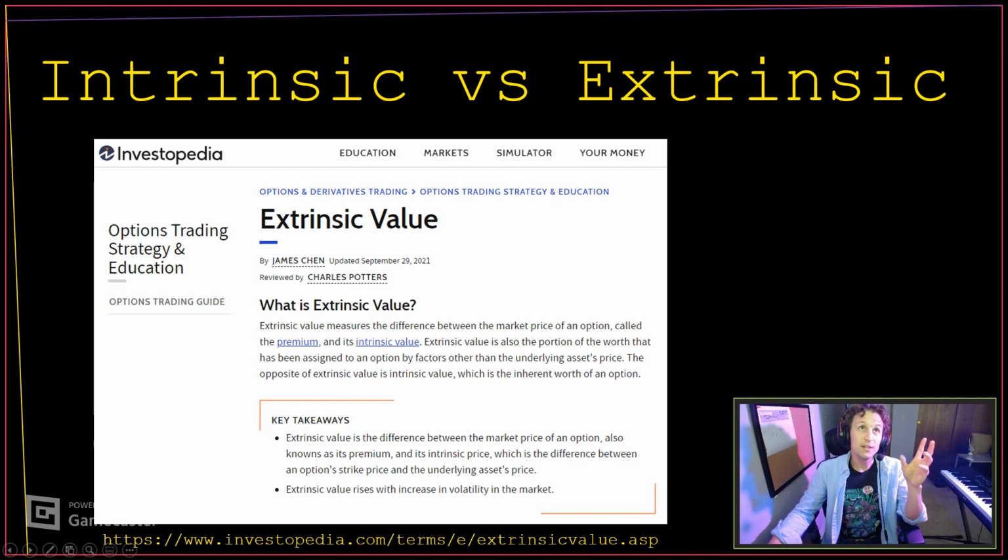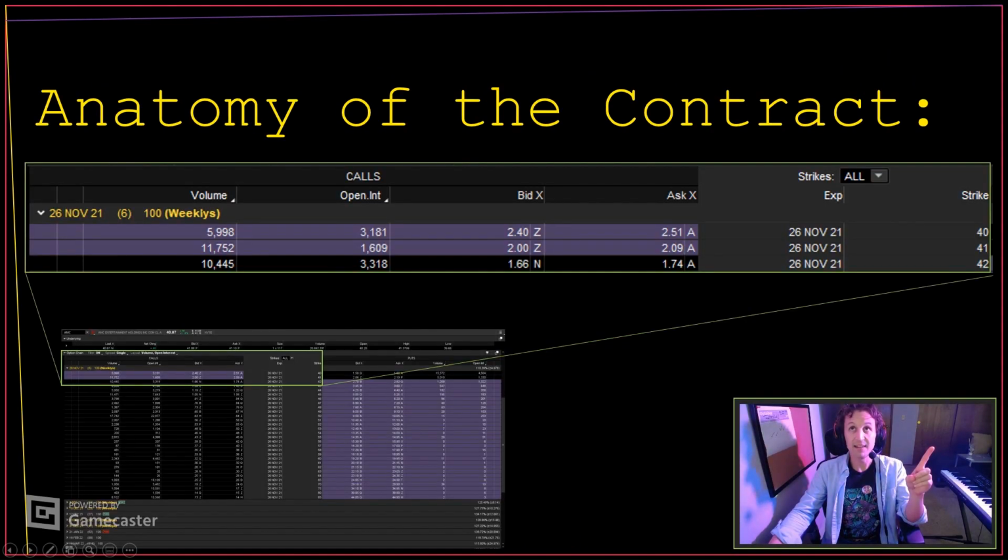So per Investopedia, intrinsic value measures the difference between the market price of an option and its intrinsic value, which is the difference between an option's strike price and the underlying asset's price. Okay, so if you have a call option for $40 and the stock price is $41, all right, there is $1 of intrinsic value in that option.